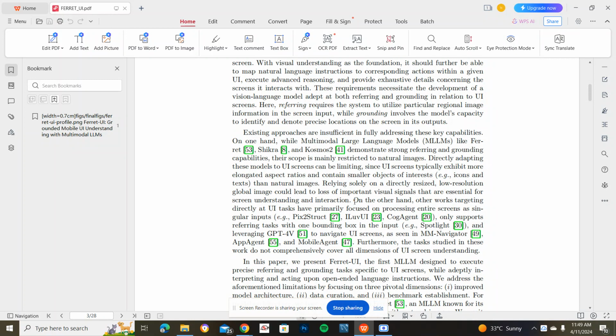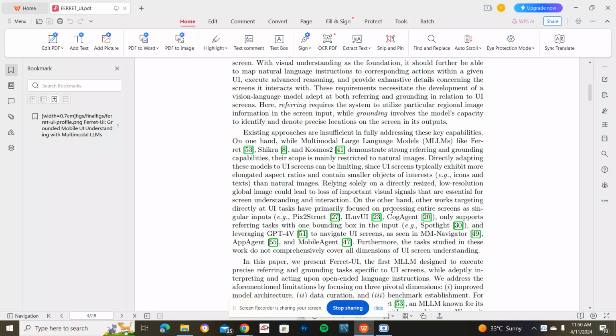On the other hand, other works targeting UI tasks directly are primarily focused on processing entire screens as singular objects. So till now, some UI tasks have already been done in the industry. It is not that Ferret-UI is the first model using UI screens, but the other models have used UI screens only as a single image.